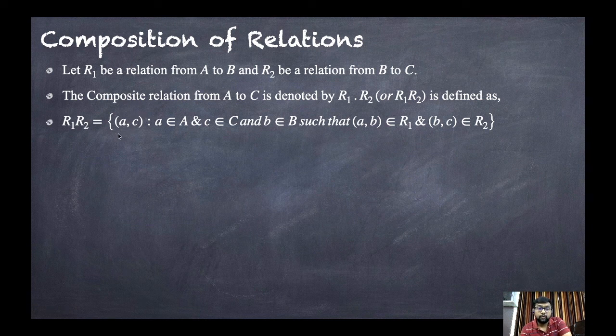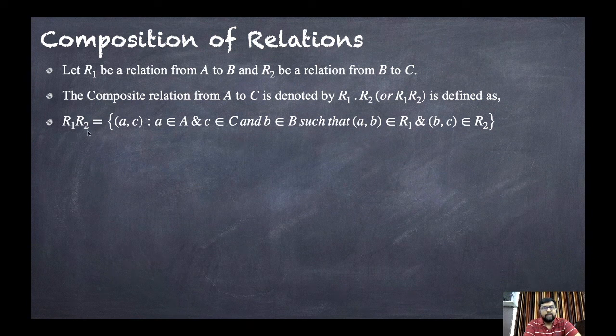So R1 R2 equals the set of all (a, c) such that a belongs to A, the first set, c belongs to C, the last set, we have three sets A, B, C, and b belongs to B, such that (a, b) belongs to R1 and (b, c) belongs to R2.